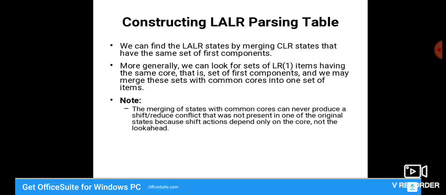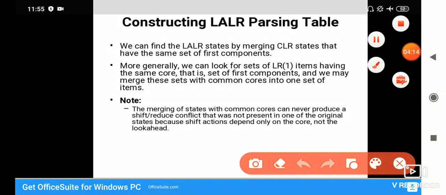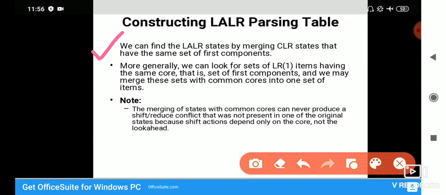So whatever we did in the last lecture, in lecture 3 and lecture 4 on LR parsers, the construction of LR1 items, we have to proceed in the same manner whenever we are asked to construct an LALR parsing table. First of all, we will have to construct the LR1 items, and then the LR1 parsing table. That is what is said here in the first point, that we can find the LALR states by merging CLR states that have the same set of first components.